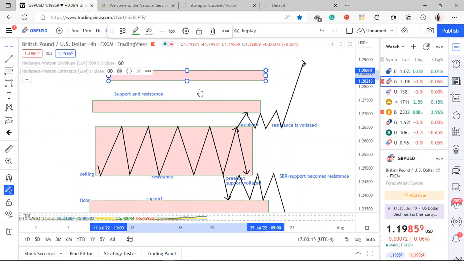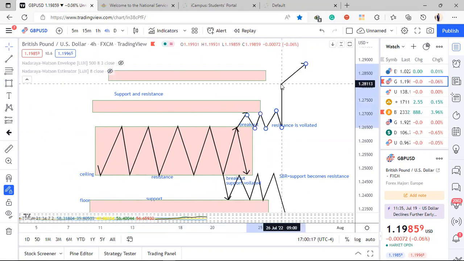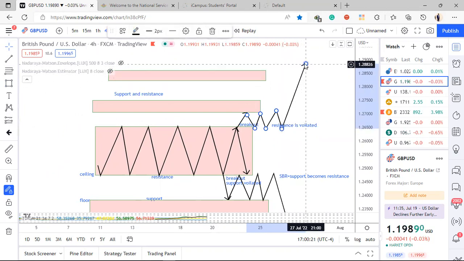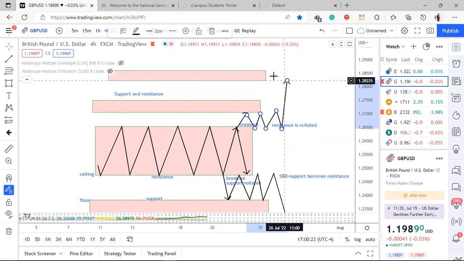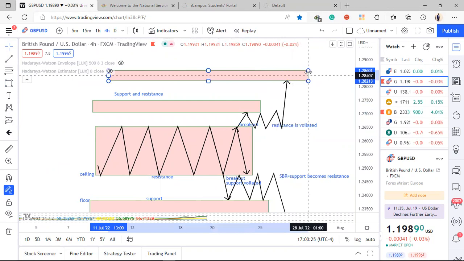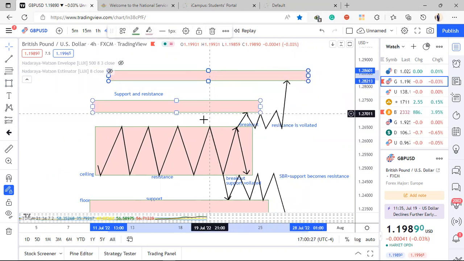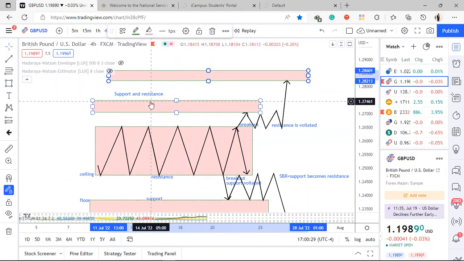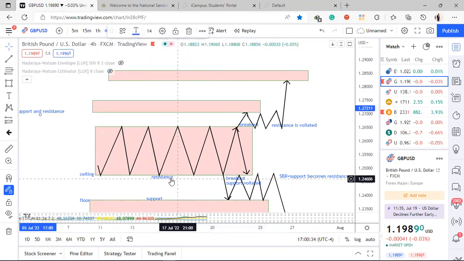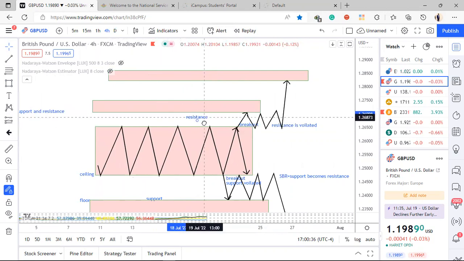So if price breaks out, we are expecting price to come somewhere here as our next target. So this is your new resistance.